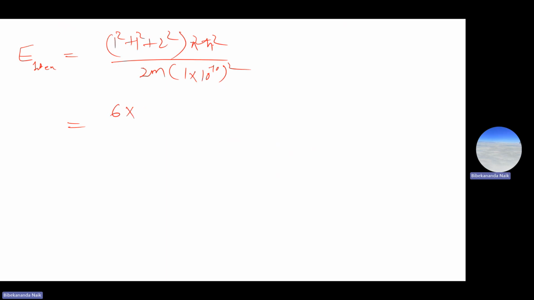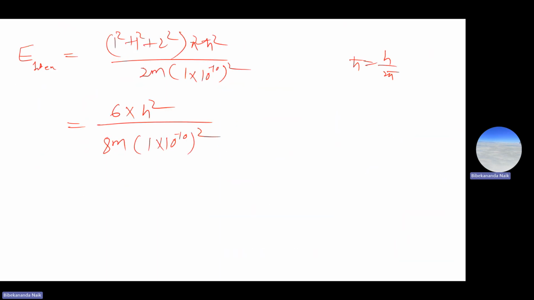If you convert h cross square into h, h cross is h by 2 pi. So this pi will get cancelled between denominator and numerator, and then there will be 8m square in the denominator. So it will be 6h square divided by 8m L square, with L being 1 into 10 to the power minus 10. Now what will be the value of m?